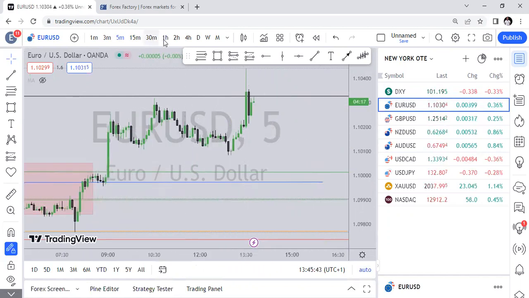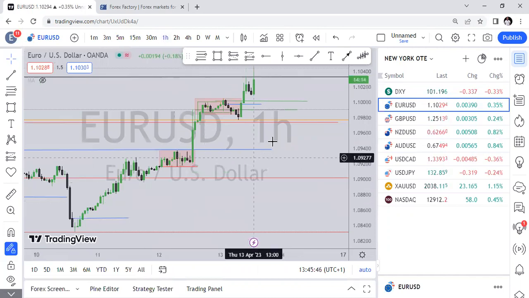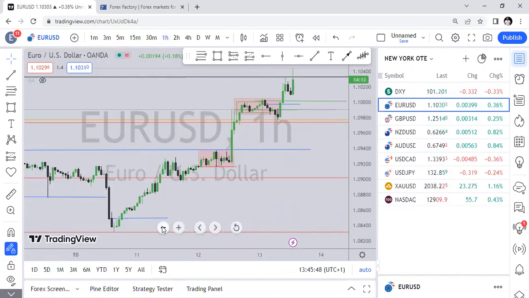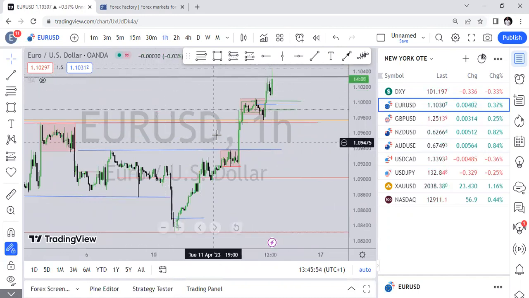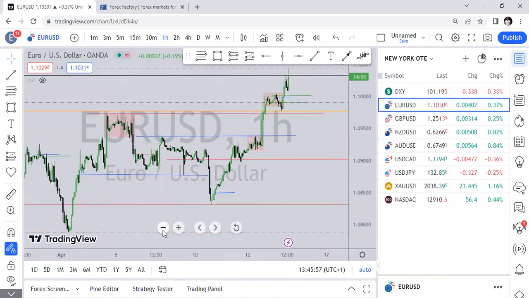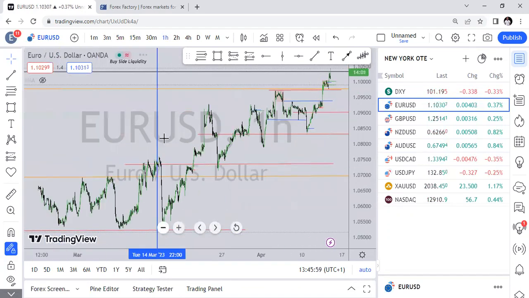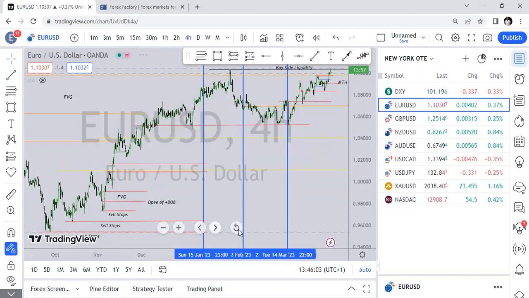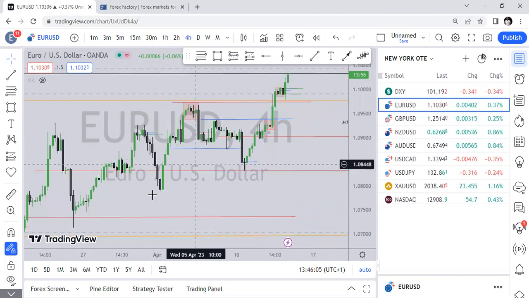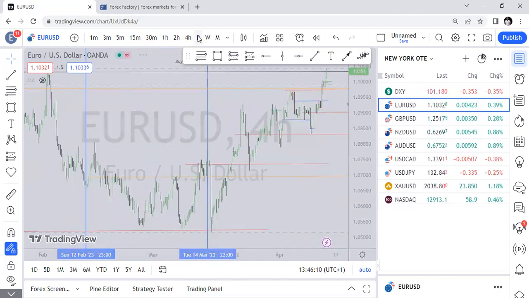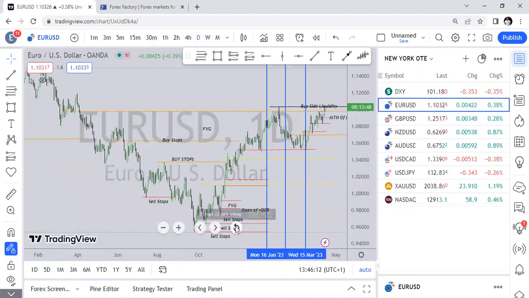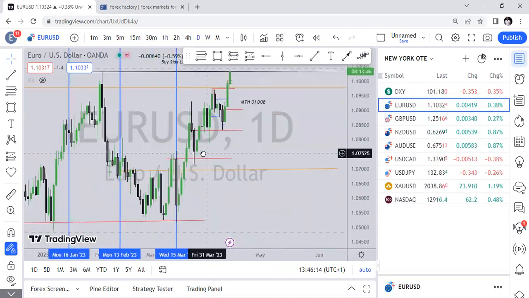Before the release, I was looking at the beginning of the day, and I was expecting the Euro USD to take out this high.